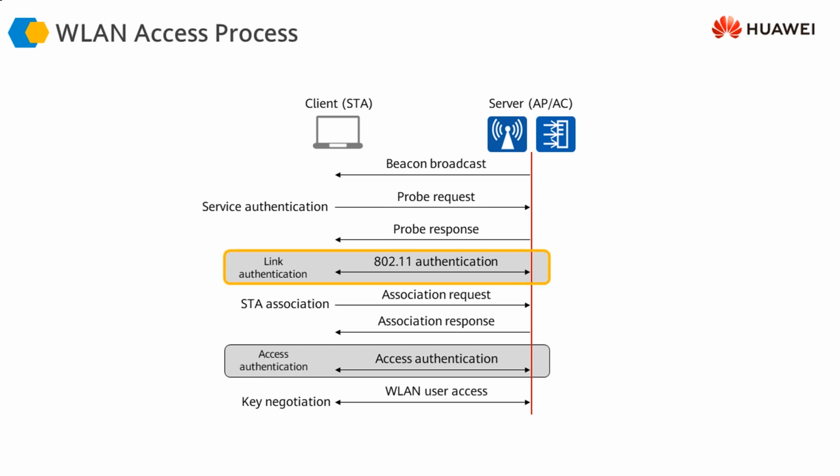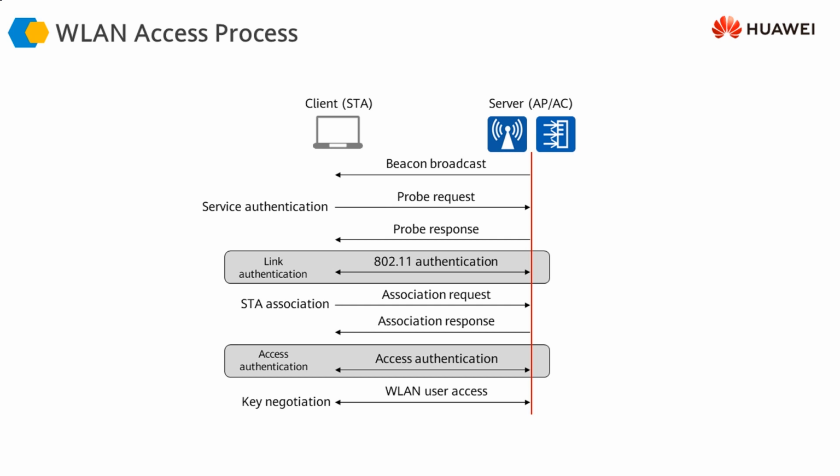The link authentication happens at the wireless interface, at the wireless level, 802.11 based authentication. In this authentication, the two exchange information so that this station can get connected just to this access point.